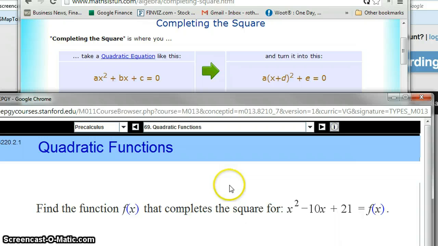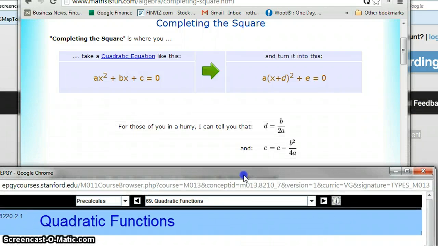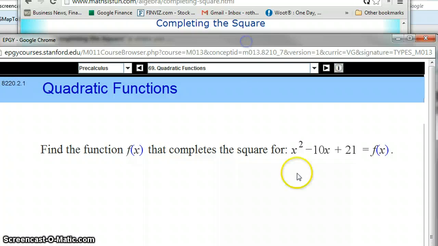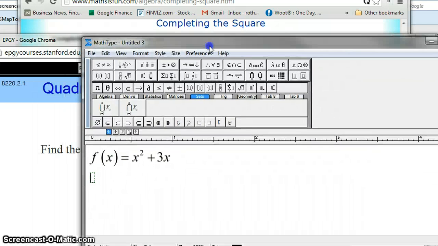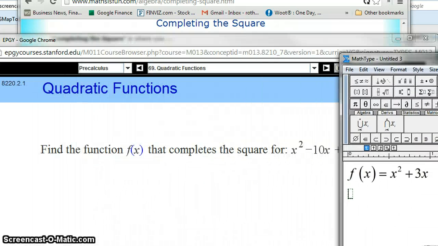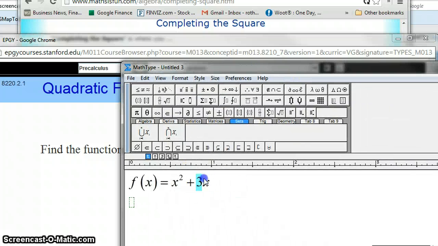So how are we going to complete the square? Well, let me tell you the steps carefully. Let's change this equation to what we want: x squared minus 10x plus 21.